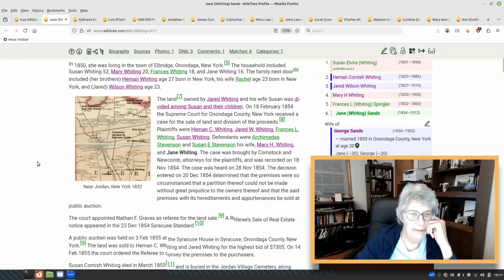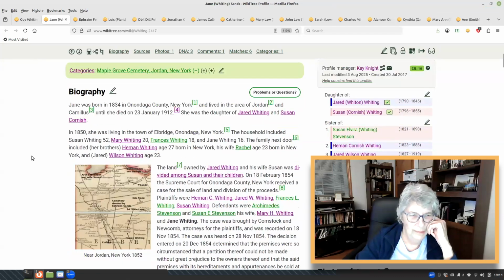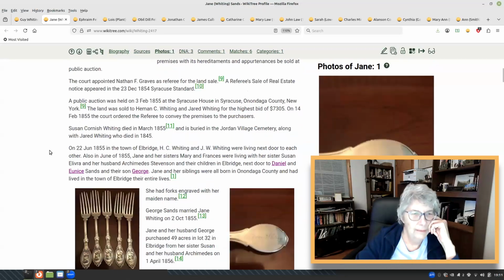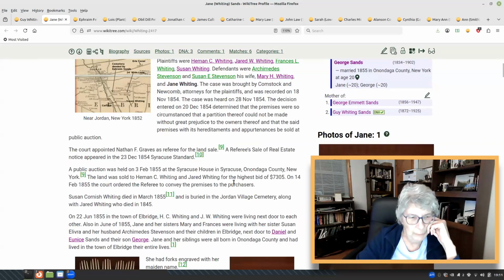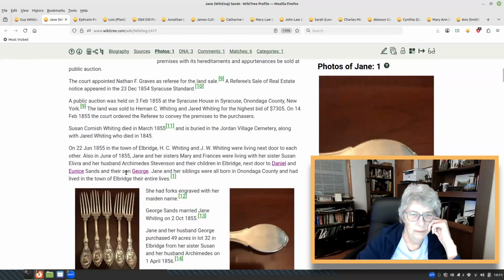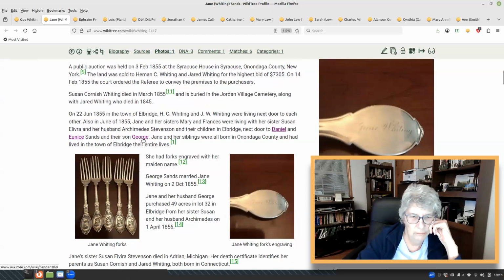You can see that Jane was living next door to George in the census, and she married him a couple of months later, and she had forks with her maiden name. They were all living in the same family. So here's George as a child of Jane.